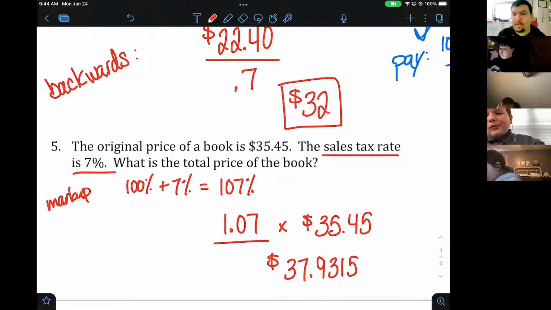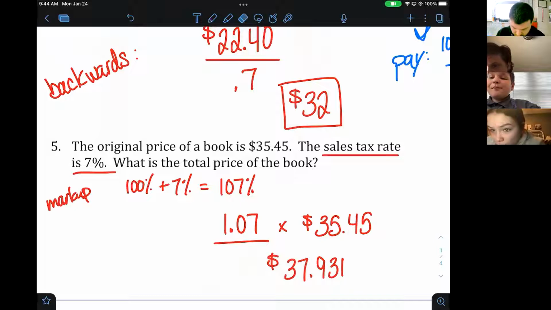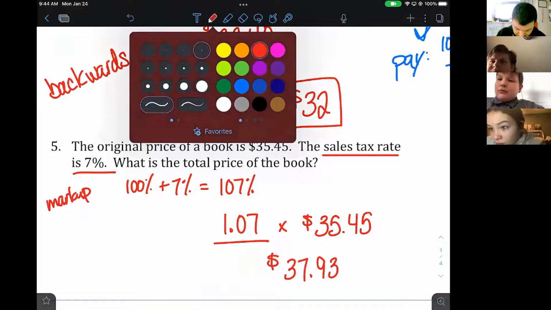Now again, with money, we only use 2 decimal places. So I'm going to look at this third decimal place. Can someone tell me if that 1 is going to bump the 3 up to a 4? No. Okay, so I can just erase it. And there's my answer then.